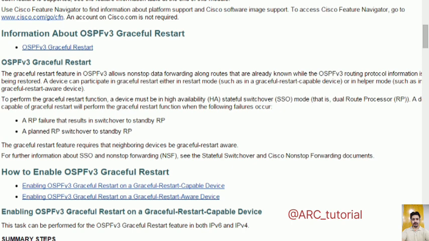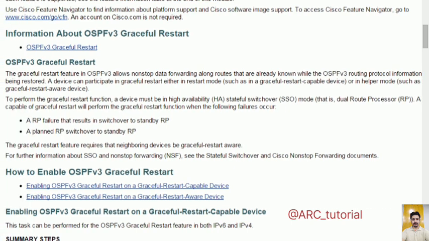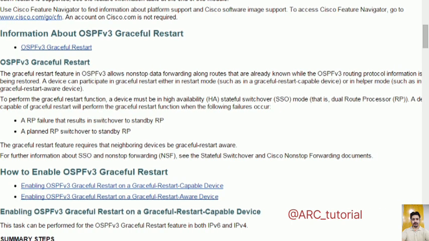So a device capable of graceful restart will perform the graceful restart function when the following failure occurs. An RP failure that results in switchover to standby. RP means that the active RP will go down and the standby will become active. A planned RP switchover to standby RP. For example, you just want to test your standby RP, so you perform failover manually.